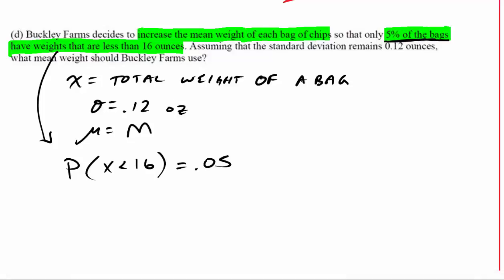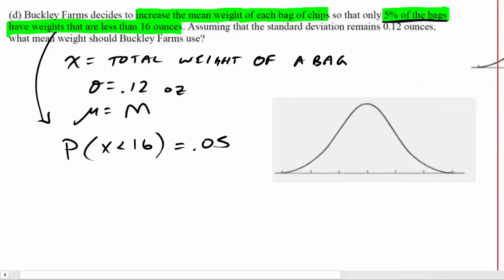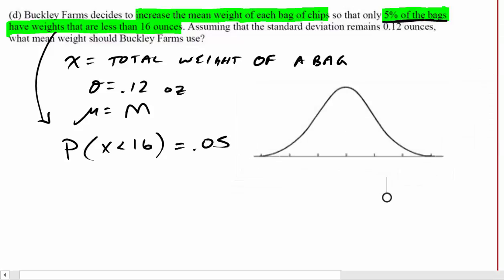So we're trying to figure out an area, back to our normal distribution. This is our normal distribution. Since we don't know the mean, but we do know the standard deviation, we're trying to find an area such that the area of this equals 0.05.